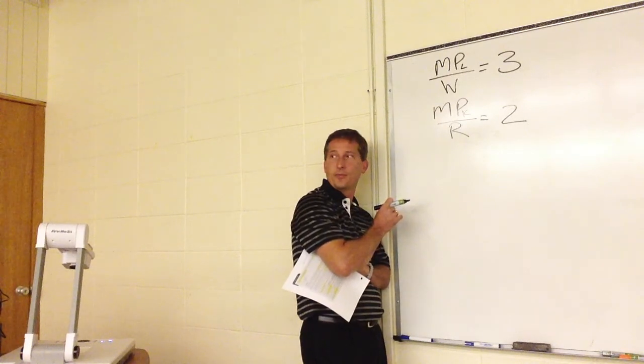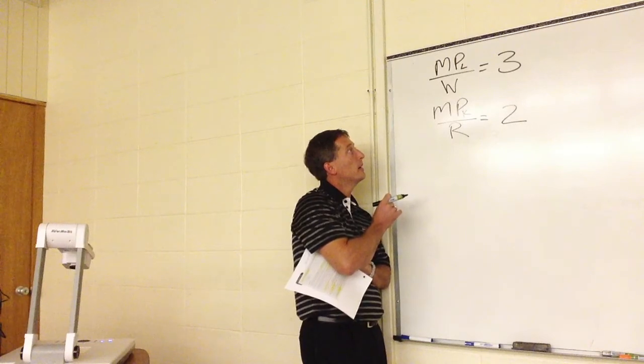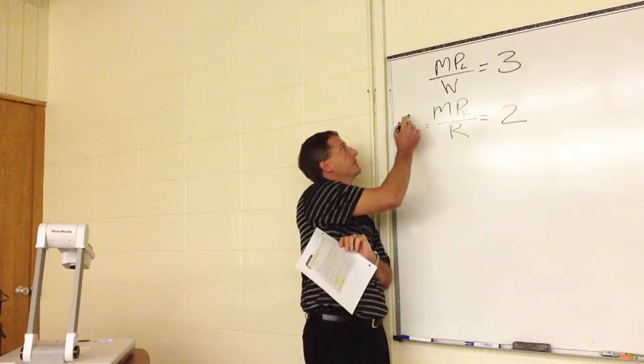Okay. 2 rental rates per unit of capital. What was this number again for marginal product of capital?